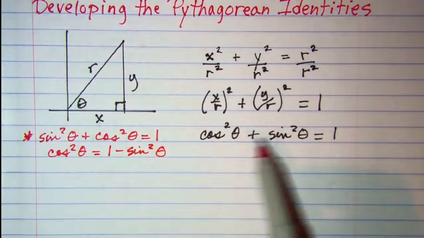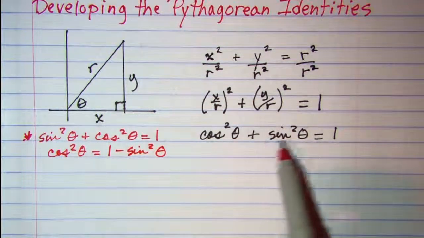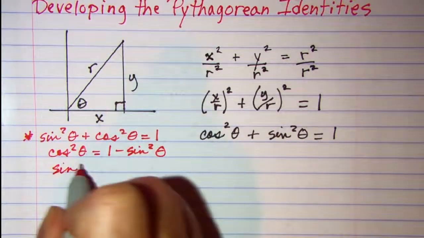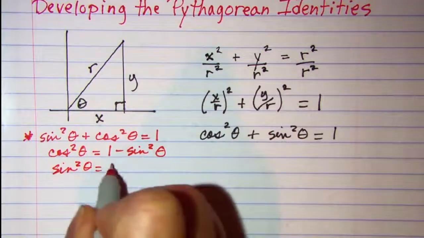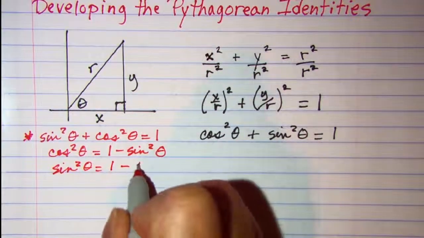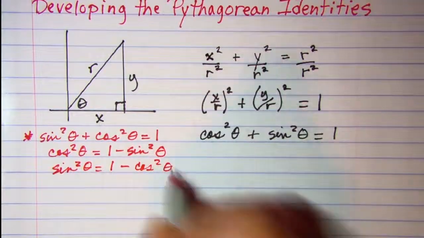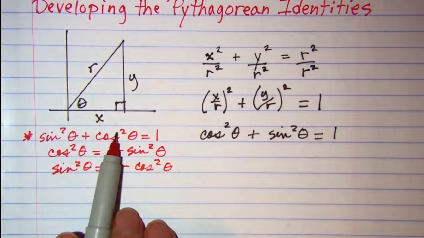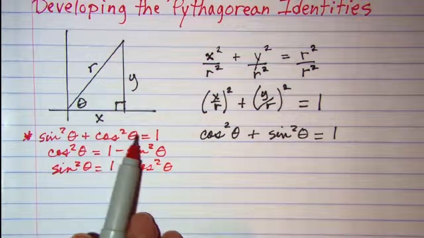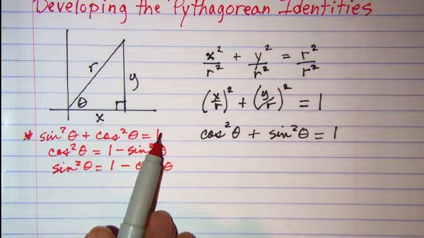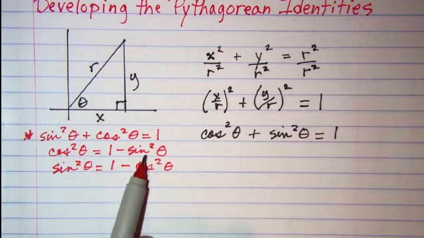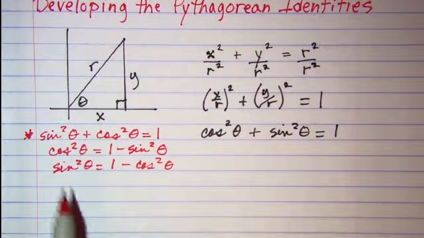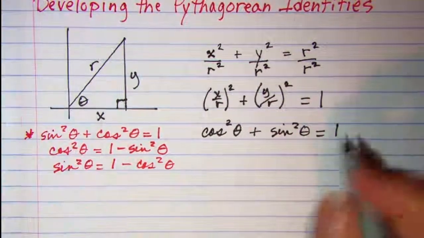And then if I subtracted cosine squared from both sides, I would have sine squared theta equals 1 minus cosine squared theta. So basically, if you memorize sine squared plus cosine squared equals 1, you'll have these at your fingertips just by algebraically manipulating the original.